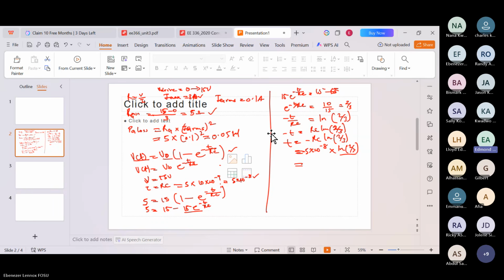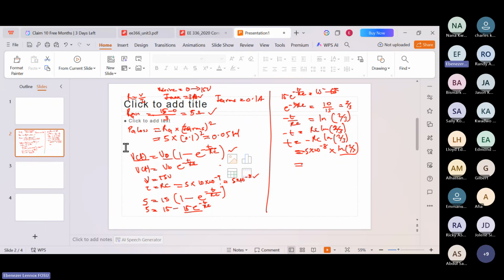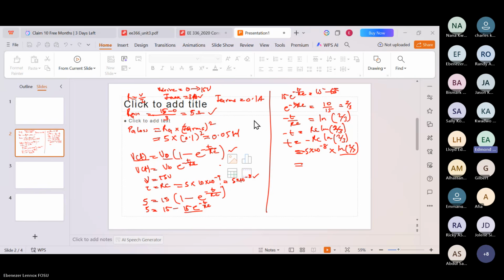Yes, I can see it now. Okay, let me project it again and see whether you can see. Currently, I can see everything that you have written. Oh, okay. I will go over everything. I will just explain so that you can get it.